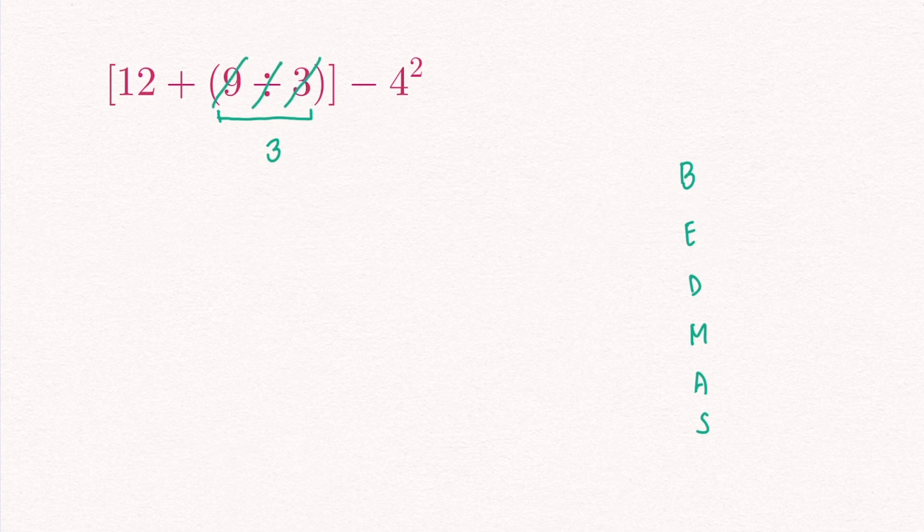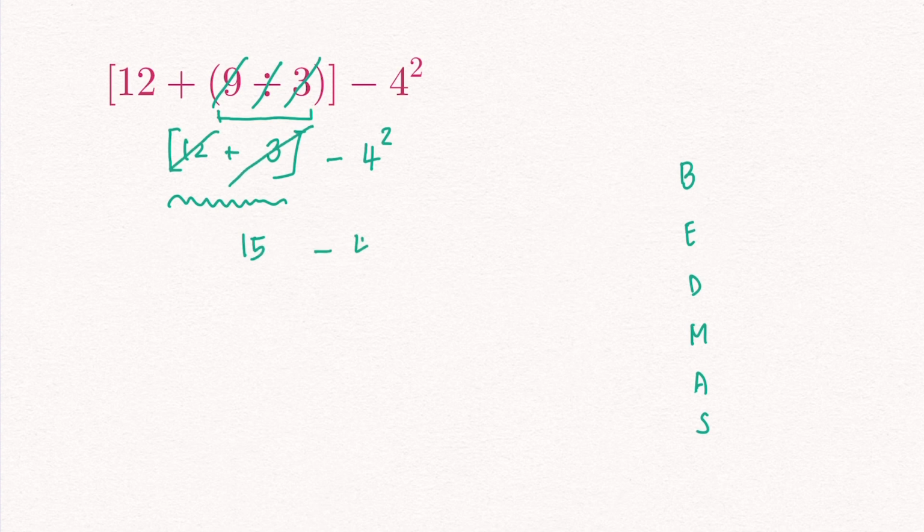And the rest of the expression needs to move down. So the 12 plus along with this outer bracket, and the minus 4 squared needs to move down. We still have the bracket, so we need to evaluate that, which is right here, 12 plus 3, and that equals 15. So now that's all gone.